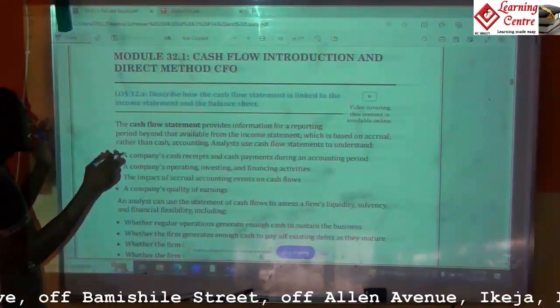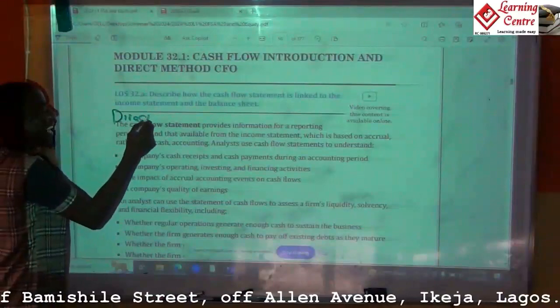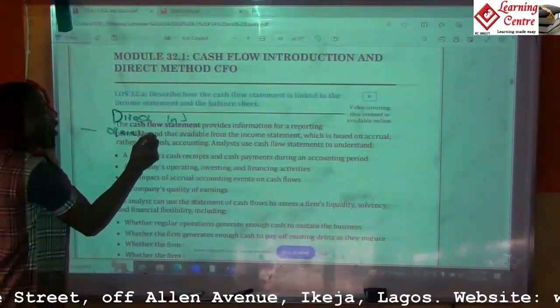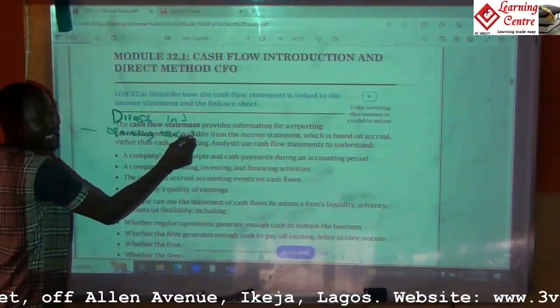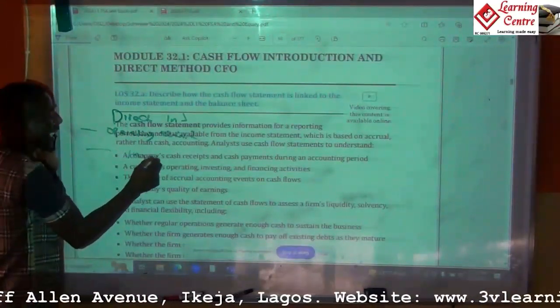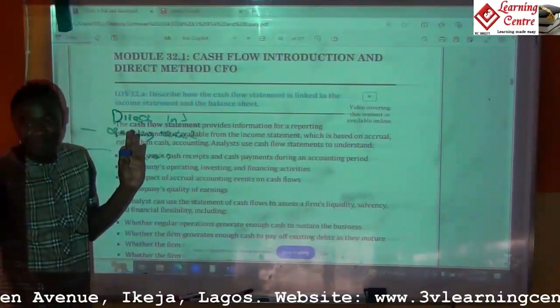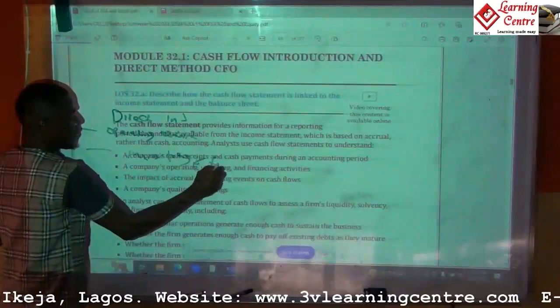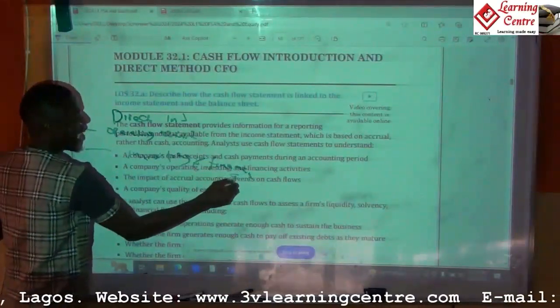So basically, what differentiates between direct and indirect cash flow is just the operating activities. Investing and financing activities are the same. Take note.